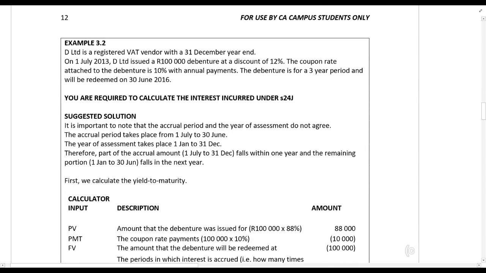Right, the next one is the same concept, but now I'm just showing you that it works exactly the same when the debenture is issued at a discount. So when your yield to maturity, I on your calculator, is different from the coupon rate. In this case we have a December year end again for the company.